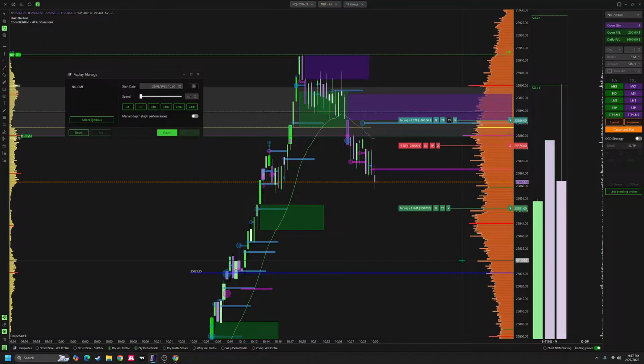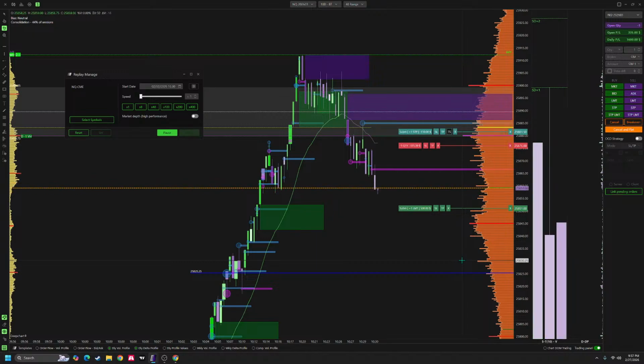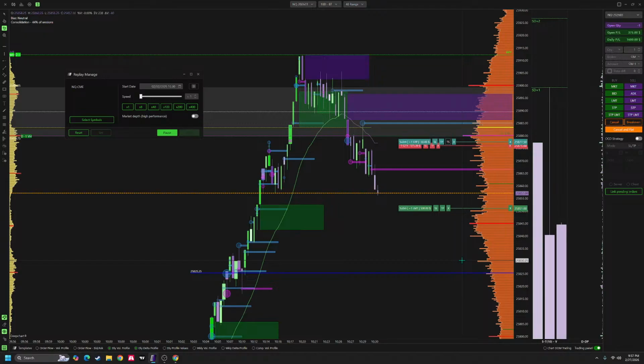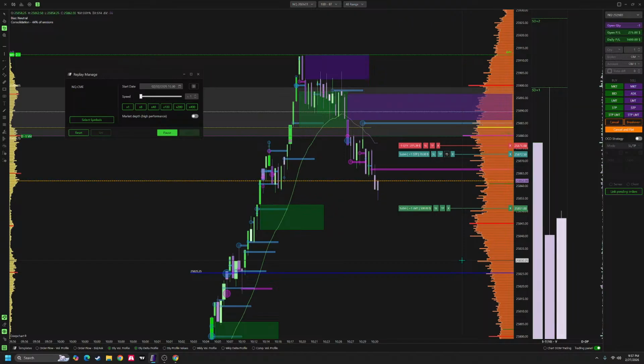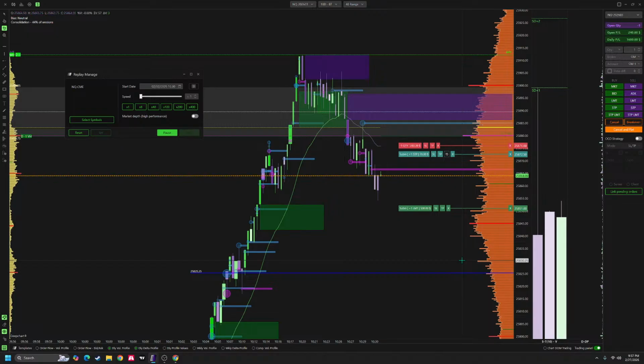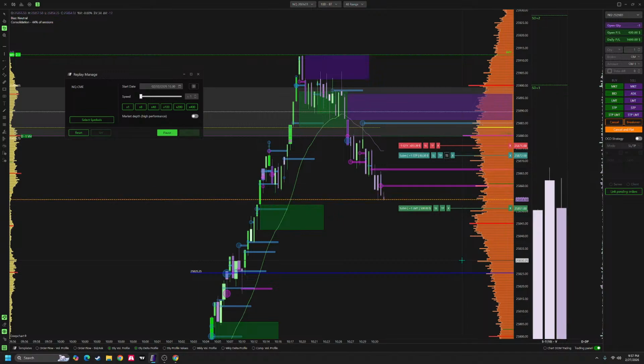We're likely going to hit the target. So we moved into this positive 70.